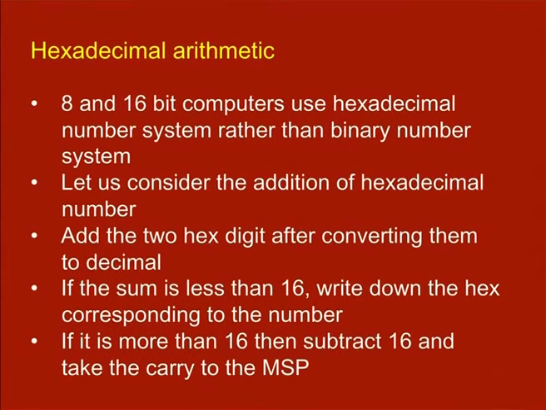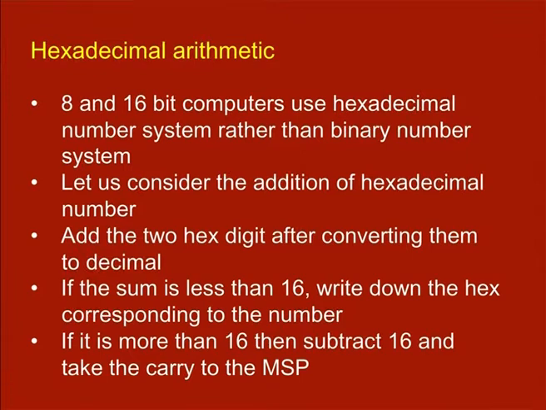Now, let us discuss hexadecimal arithmetic. 8 and 16 bit computers use the hexadecimal number system rather than the binary number system, and addition of hexadecimal numbers can be done by following the steps given below.